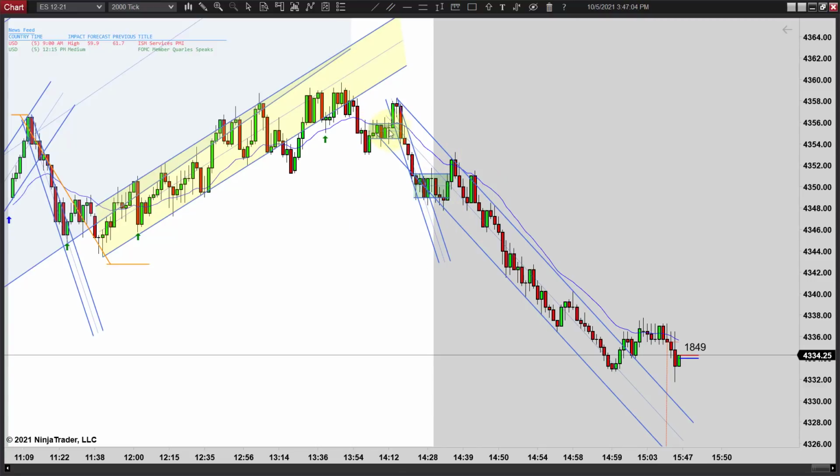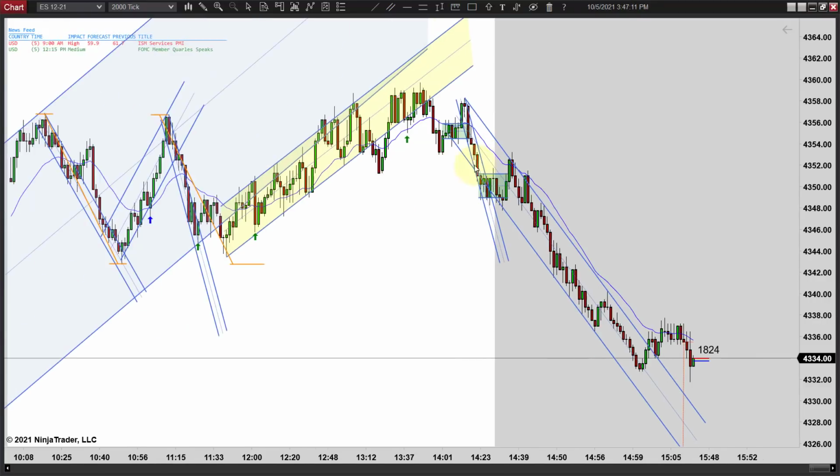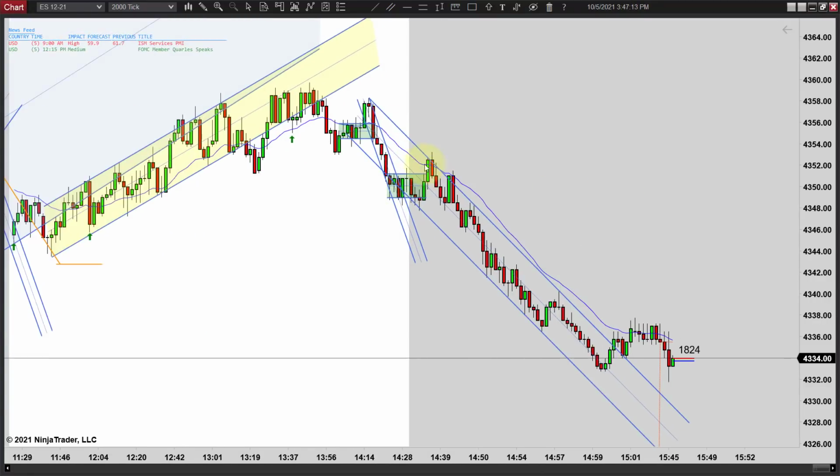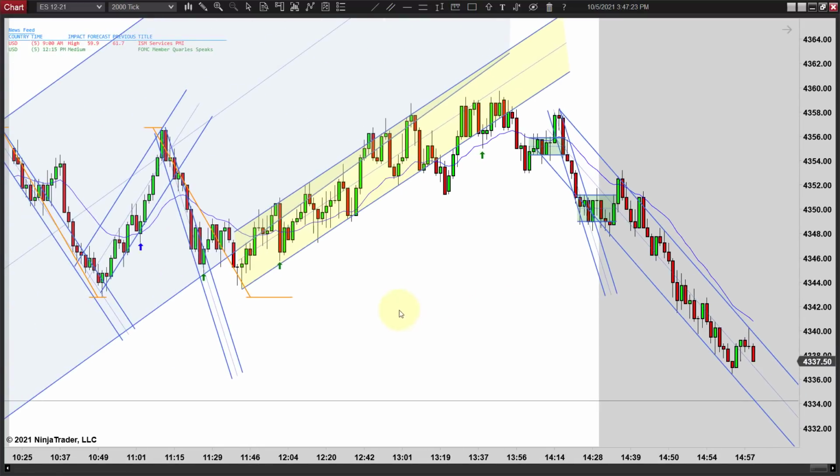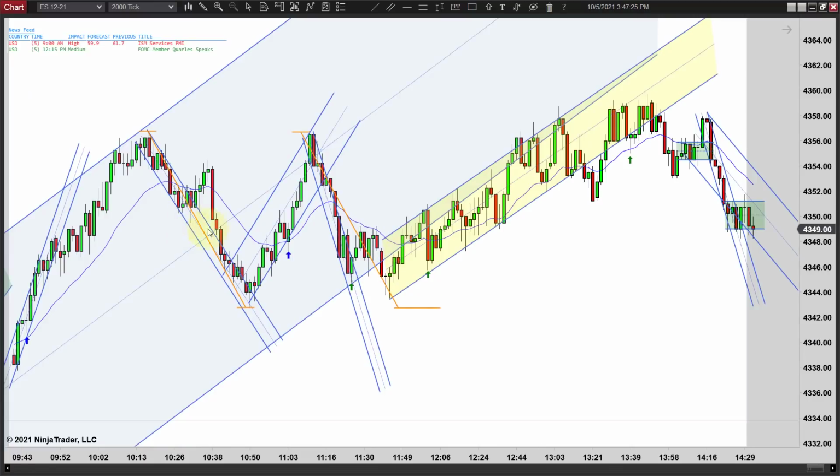Here's this one. It breaks out the top, and what does it do? It fails and goes lower. So they usually will trap you on the opposite side. So if you trade down into this, look to try to trade the failures on the outside, on the high side, to get short, not the low side, because we're trending down now. If we're trending up and you're in congestion, then maybe you do just the opposite.